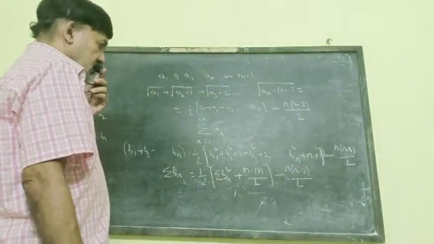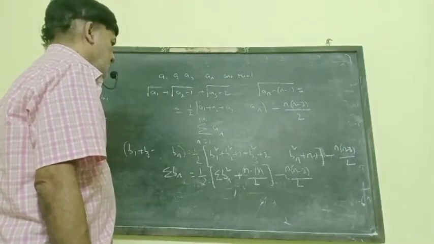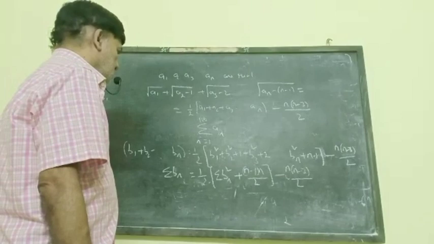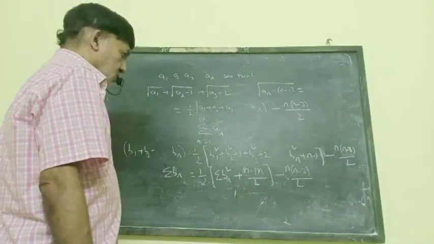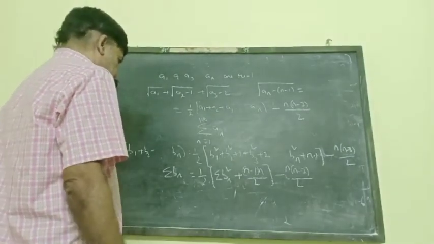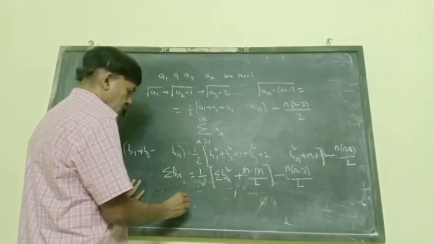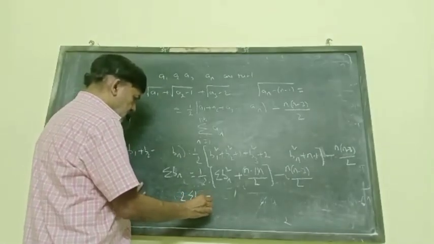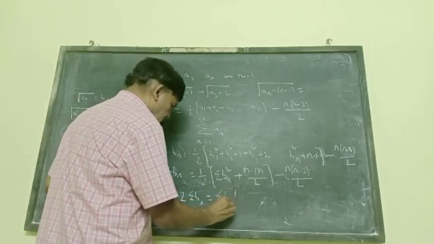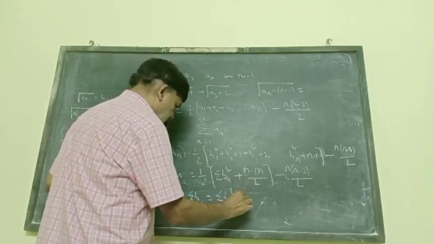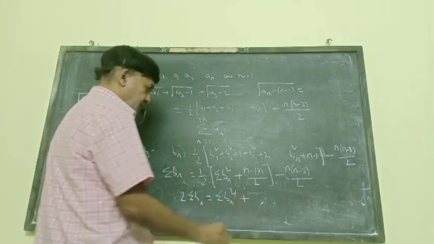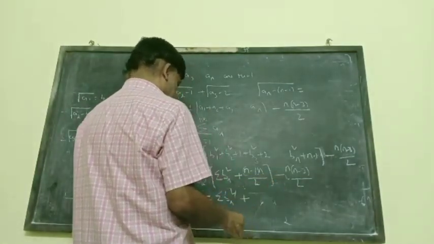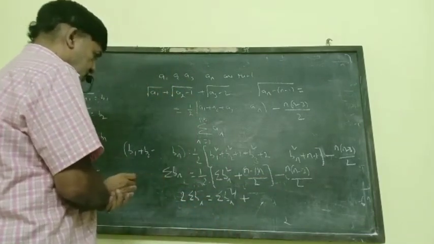Okay, understood? Right. So 2 sigma Bi is equal to sigma Bi square plus, when we simplify this, what are we going to get?